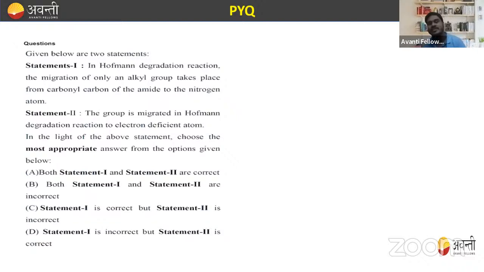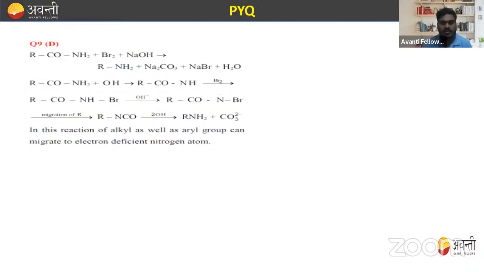In the light of the above statements, choose the appropriate answer, whether the first and second statements are true or wrong. Now let's observe carefully. When RCONH2 is treated with Br2 and NaOH, RCONH2 reacts with OH to form RCONH and with Br2 to form RCONHBr. Now in this RCONBr, migration of R takes place, giving R and NCO, right?